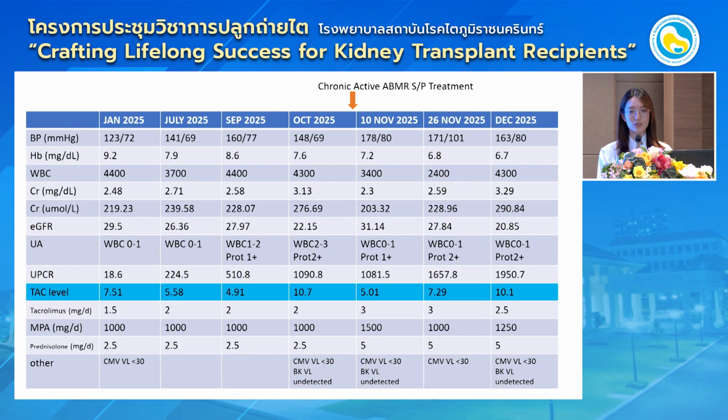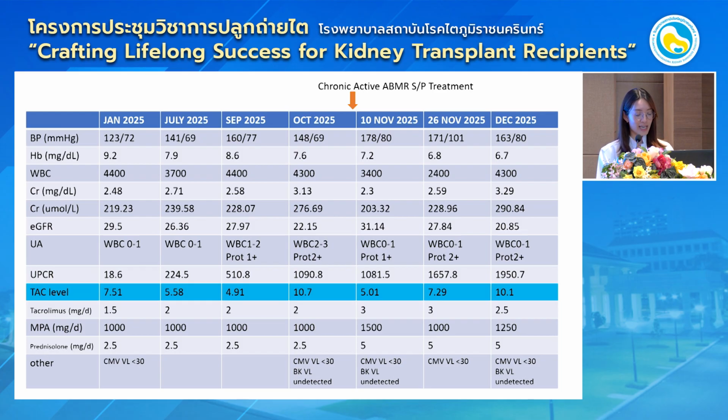After the treatment, the patient still experienced high blood pressure, so we titrated the dose of his antihypertensive drugs. The creatinine seems to respond; the allograft function seems to improve a little bit, but the proteinuria persists, with a PCR of more than 1,000 milligrams per gram creatinine.